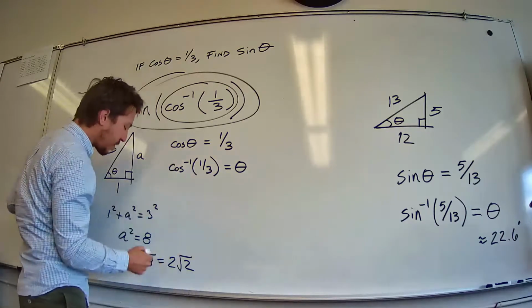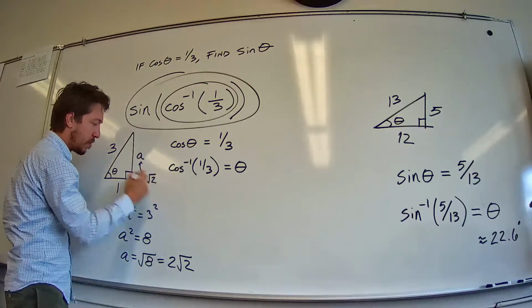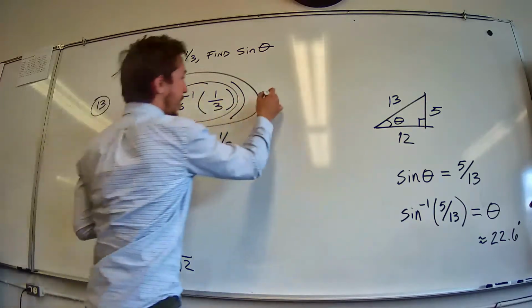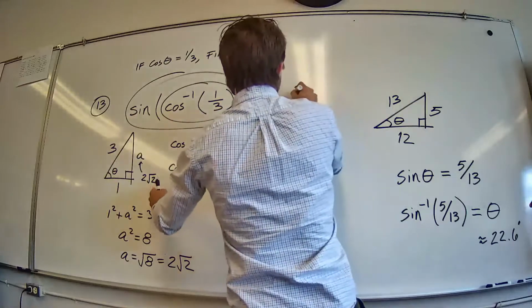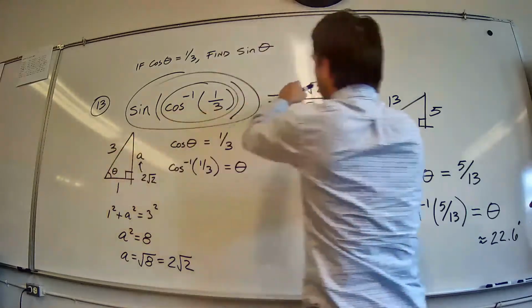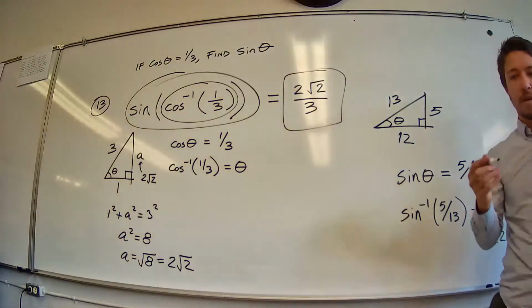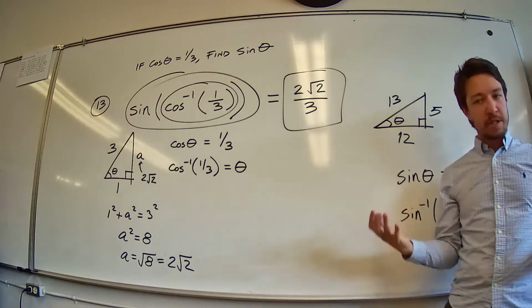So anyway, this side is 2 root 2. And so the answer to this question is the sine of this angle is 2 root 2 over 3, opposite over hypotenuse. Do we feel like that makes sense? Any questions?